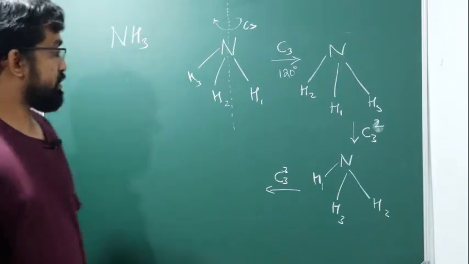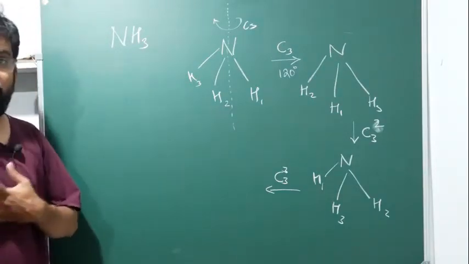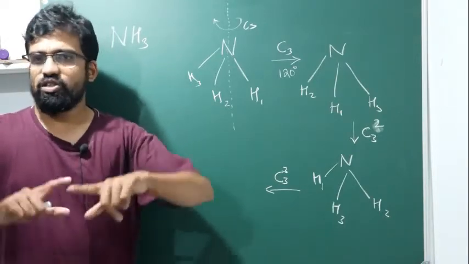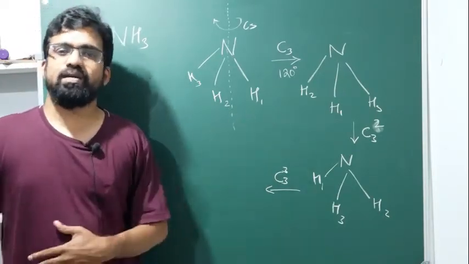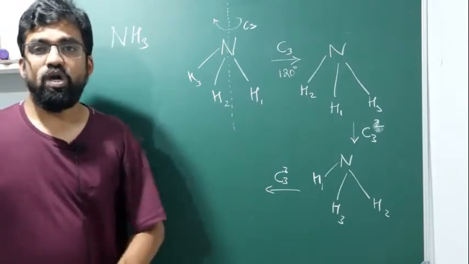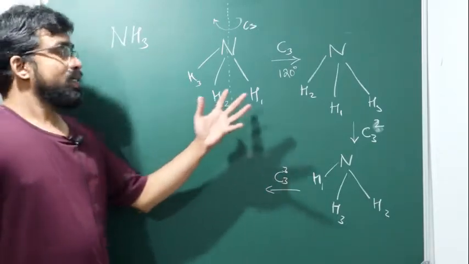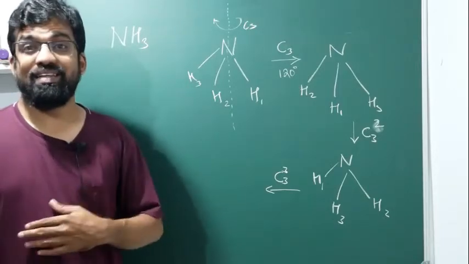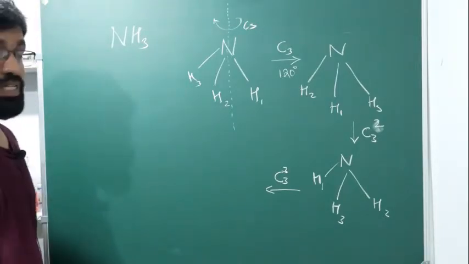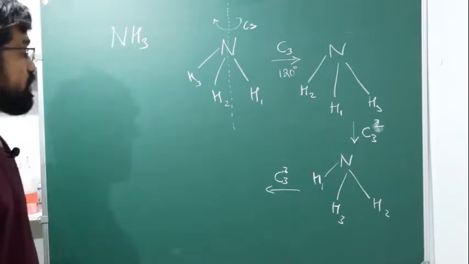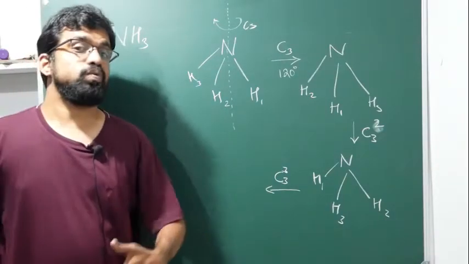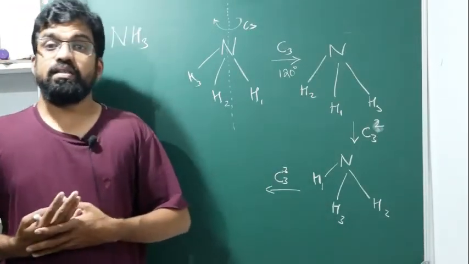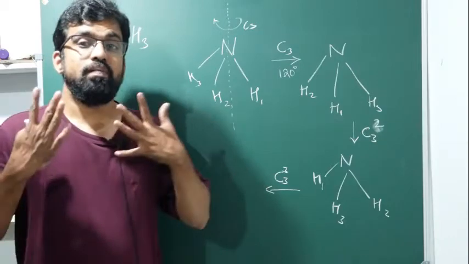Now what are the sigmas? First thing, this is not a planar molecule. So you have sigma v's. As I told you in the last class, sigma v means the plane which is passing through the principal axis.